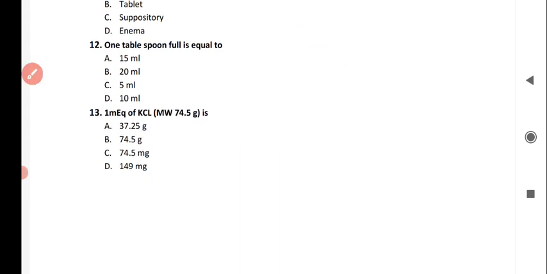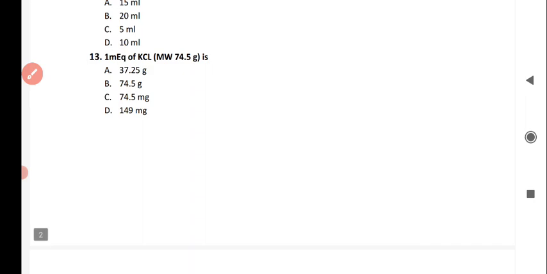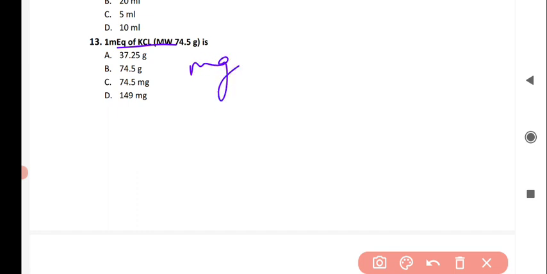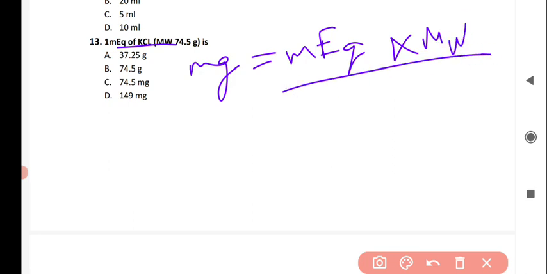Then we can move to the next question. The next question is, 1 milliequivalent of KCl having molecular weight 74.5 grams is equal to. So the simple formula to calculate the mg is: mg is equal to milliequivalent multiplied by molecular weight divided by valency.